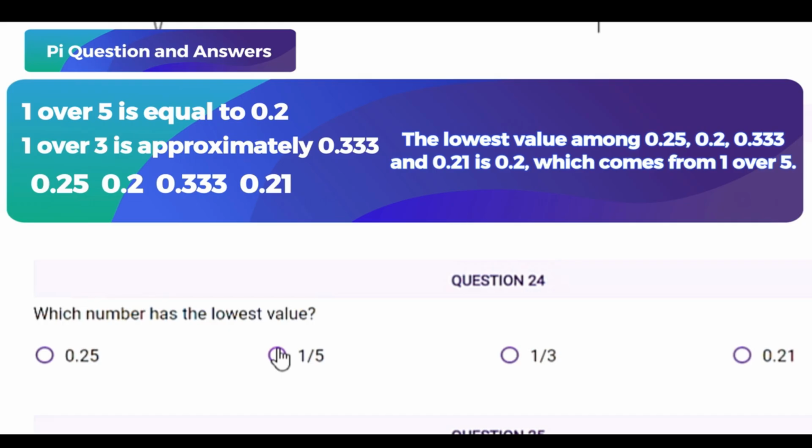The lowest value among 0.25, 0.2, 0.333, and 0.21 is 0.2, which comes from 1/5. Answer: the correct answer is option B, 1/5.